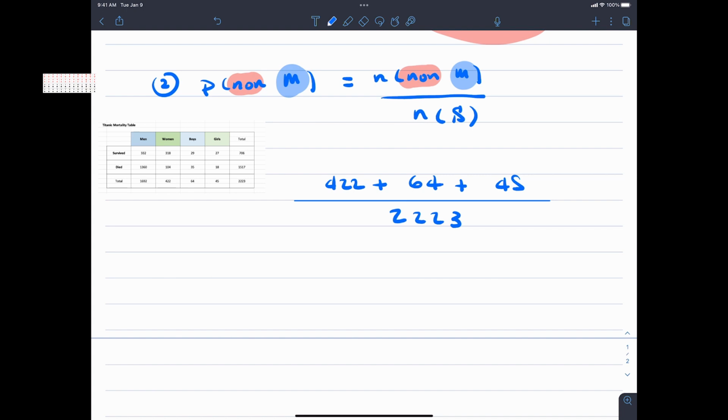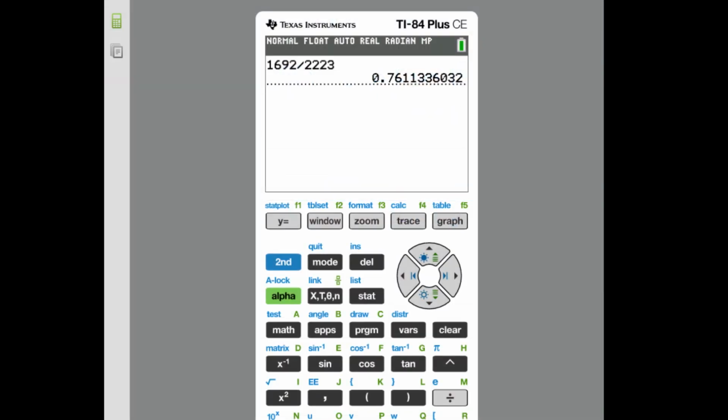So we'll go to the TI, and in the TI, we say, okay, TI, what do you do? Well, we take 422 plus 64 plus 45. You close that. What do you divide by? 2,223.